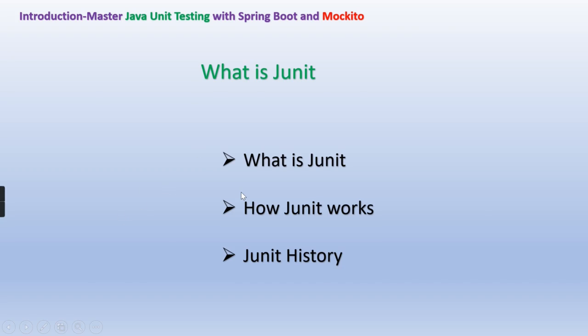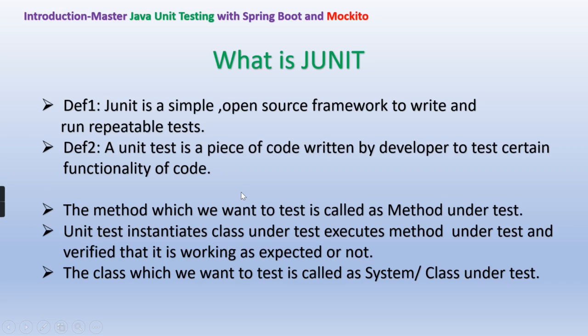Before going to know about JUnit, we need to understand what is JUnit. Let us see definition 1 and definition 2. JUnit is a simple open source framework to write and run repeatable tests. Repeatable test means it will maintain consistency, and one test we can test in many ways.